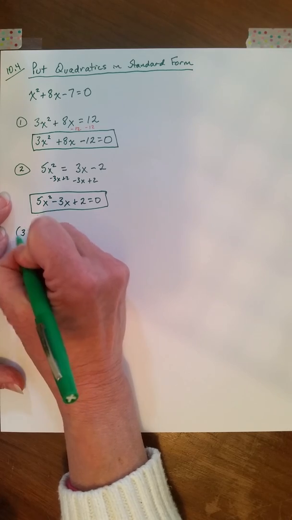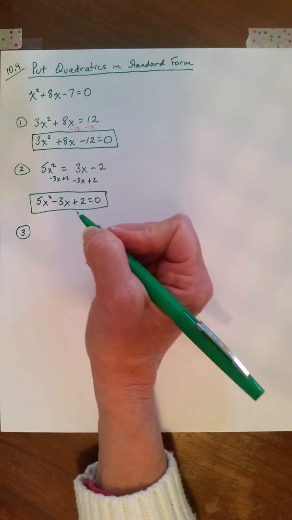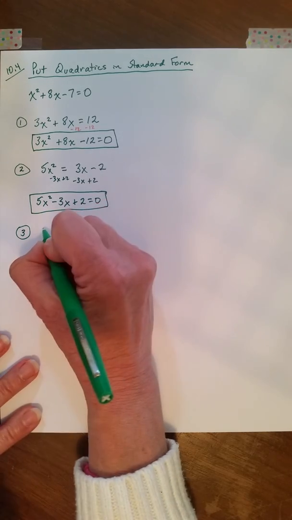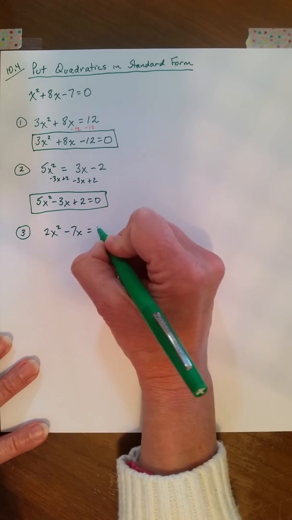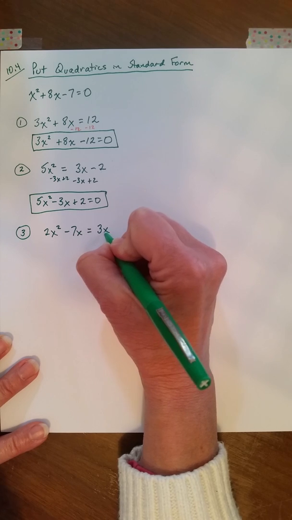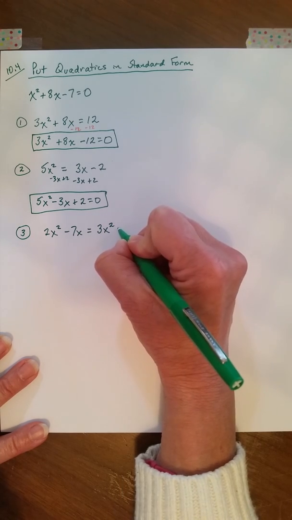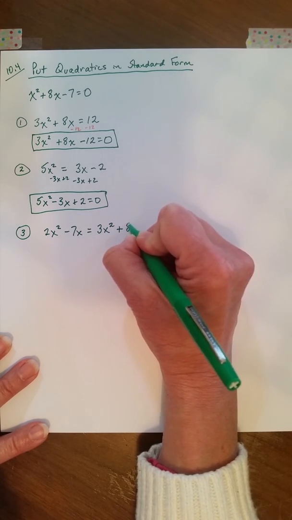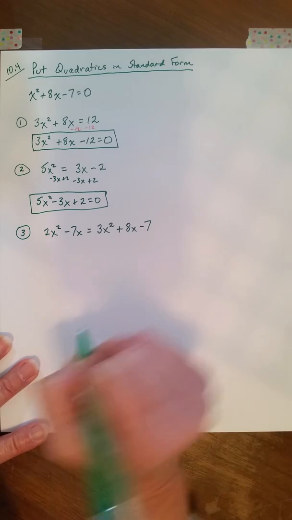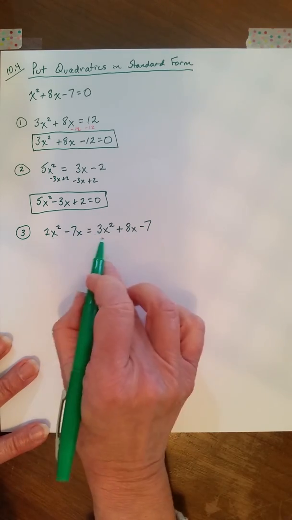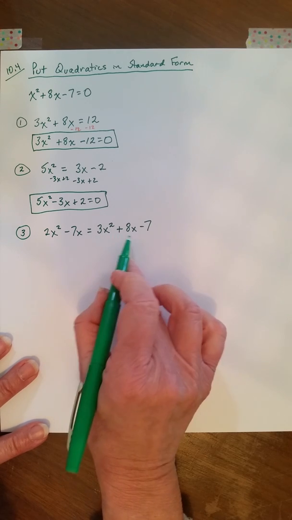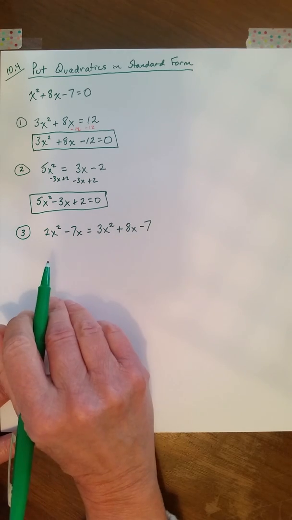Number 3. Suppose we have 2x squared minus 7x equals 3x squared plus 8x minus 7. This is all jumbled up. I have an x squared term on both sides, an x term on both sides, and a constant over here.